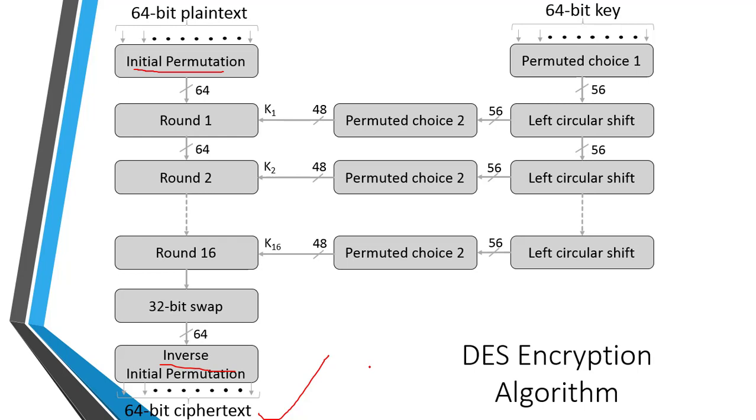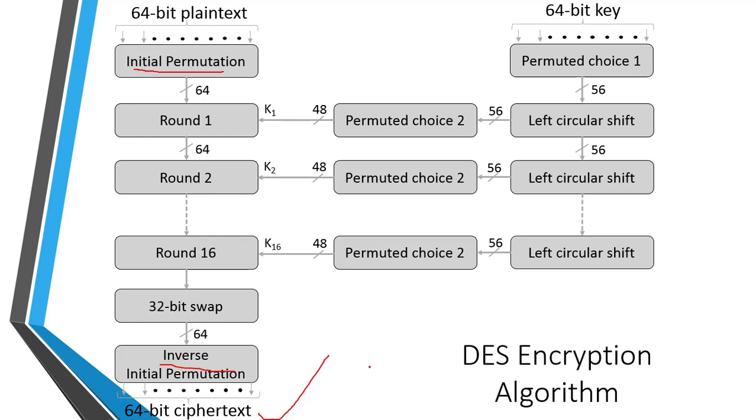So this is the algorithm for DES. First of all, we apply the initial permutation, and the output of this initial permutation is given to round 1. Round 1 will take a key K1, which is generated using permuted choice 1, left circular shift, and permuted choice 2, and the key size is 48-bit.